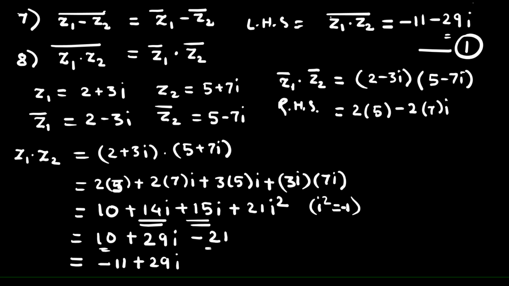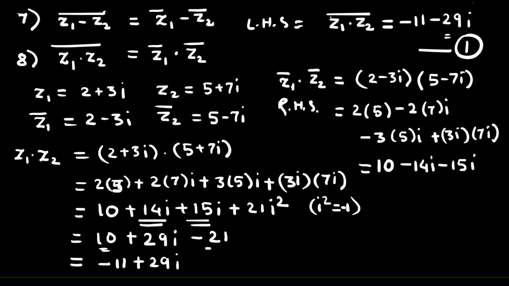Then we get minus 3 into 5i, then minus 3 into minus 7, that is plus 3i into 7i. Now 2 into 5 first of all is 10, then minus 14i, then minus 15i, and then plus 21 i square.